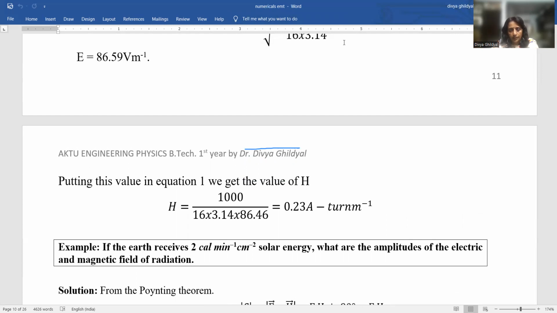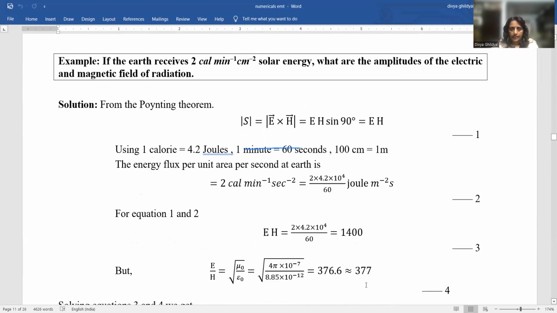If Earth receives 2 calories per minute per centimeter square of solar energy, what are the amplitudes of the electric and magnetic field of radiation? Okay, let us see first, looking at the numerical itself. Once again, it is clear to us that the numerical is from Poynting theorem. Now, have a closer look.